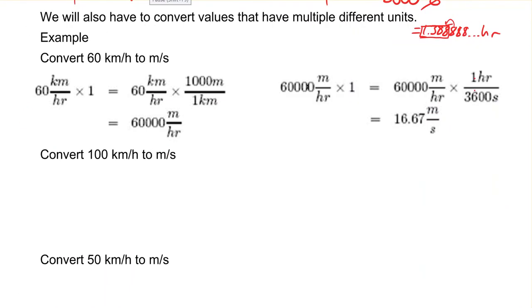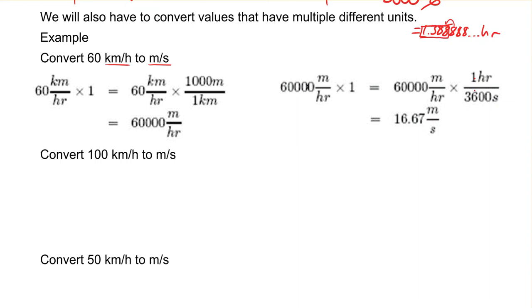Okay, we also have to be able to convert values that have multiple different units. As an example, the question is giving us: convert 60 kilometers per hour into meters per second. If you don't know what kilometers per hour is, that's a unit of measurement for speed. If you're driving down the road, you could be driving at 60 kilometers per hour.